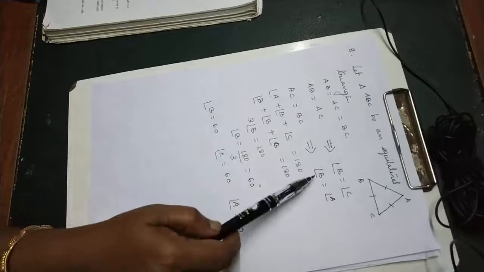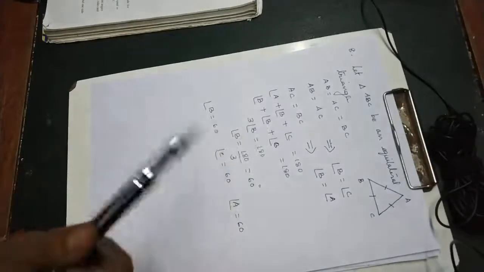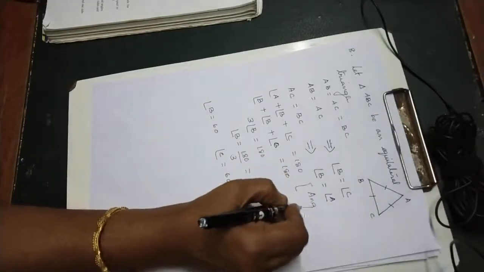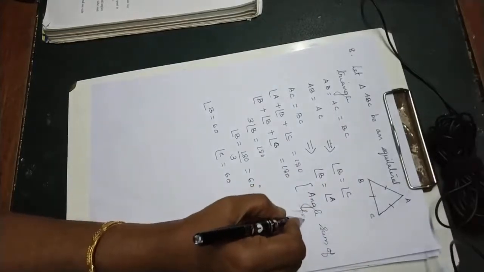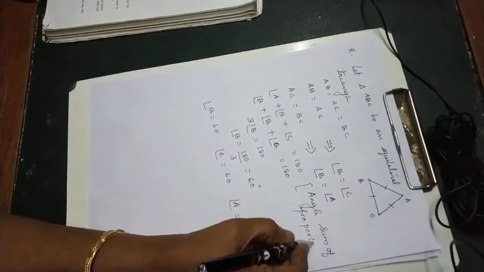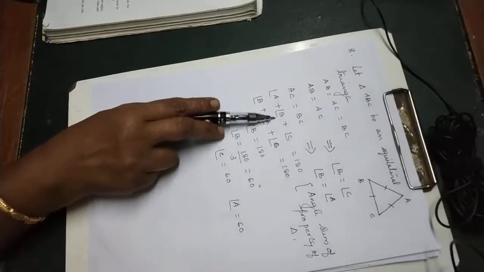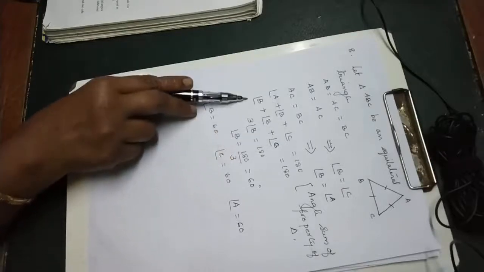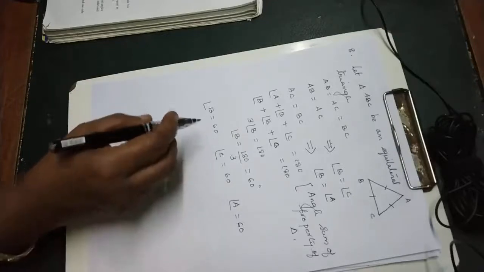AC and BC equal means angle B will be equal to angle A. So then the angle sum property of triangle you can apply there. That is A plus B plus C equal to 180. Replace that A and C with B. 3B is equal to 180, B equal to 60, and C also 60, A is also 60 degree.